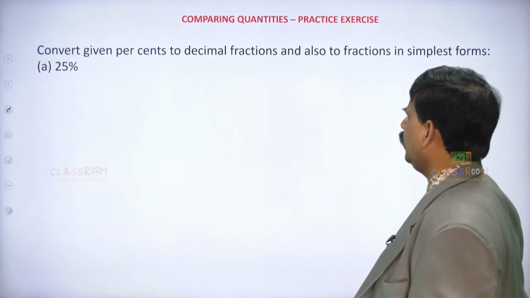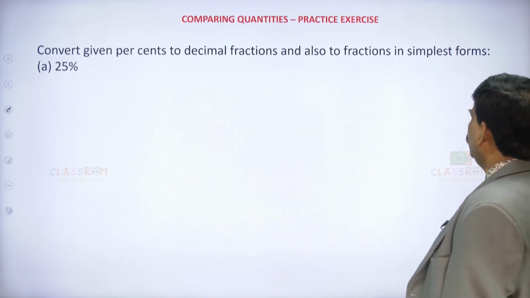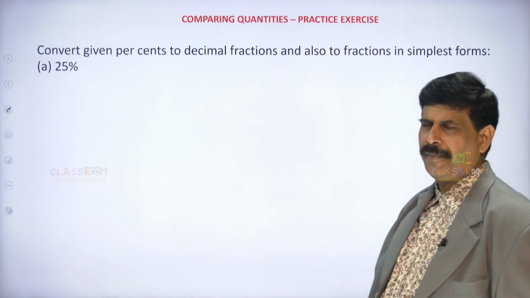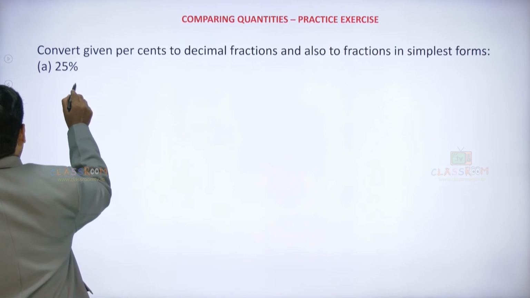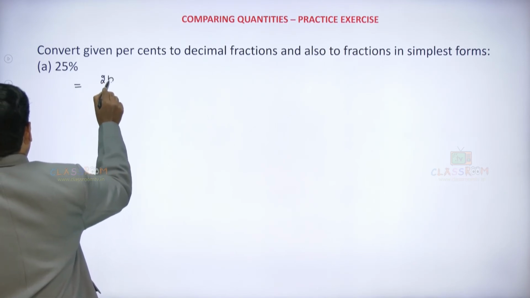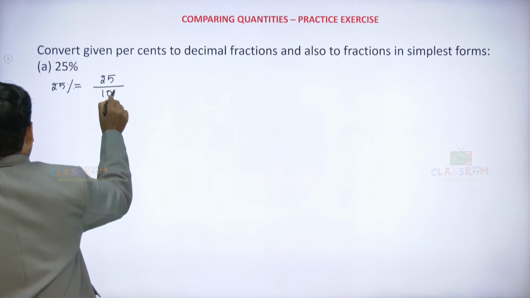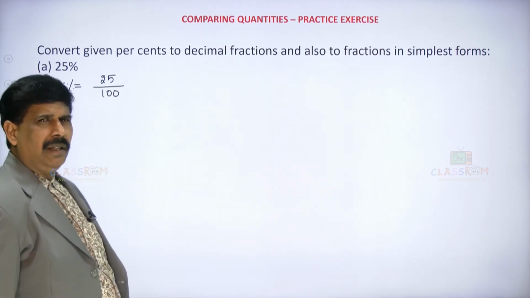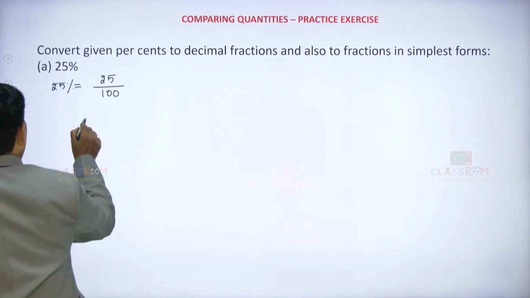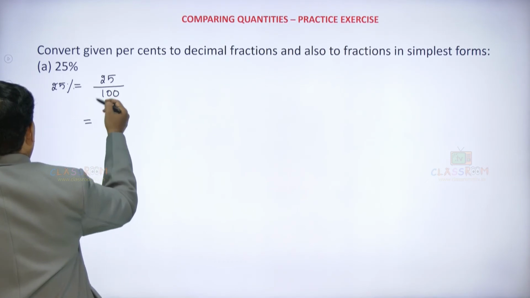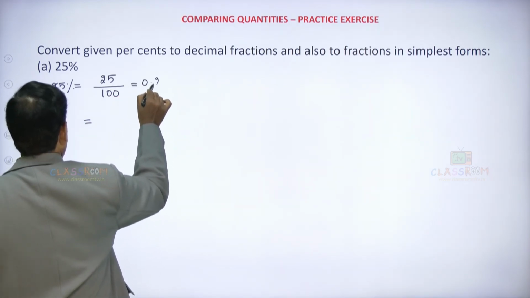Convert given percents to decimal fractions and also the fractions in simplest forms. So actually 25% is given here. Convert this into decimals first. So 25%, we can write it as 25 upon 100. Now this is the fraction form. Convert this into simplest form now. 25 by 100, actually we can write it as 0.25.